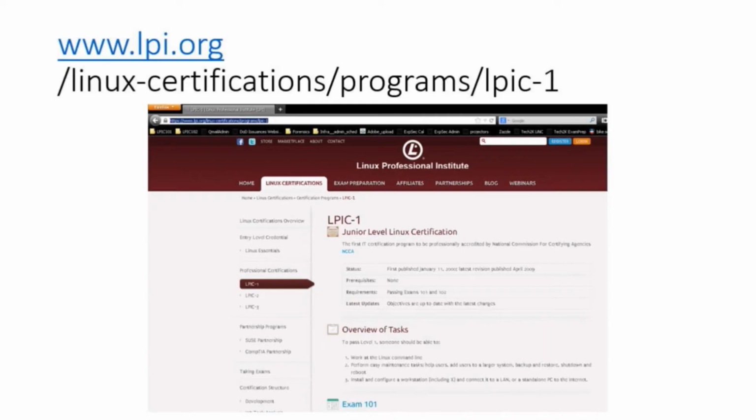Okay, let's talk about the certification itself. Where do you go? Well, you go to LPI.org, Linux Professional Institute. See the little symbol right there? That's because I actually have one of the certifications. There are 2 exams for that, not just one. You only want to go to LPI.org and look there. There is something from CompTIA called Linux Plus. There is something from SUSE.